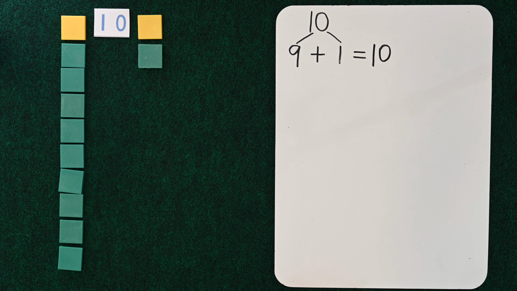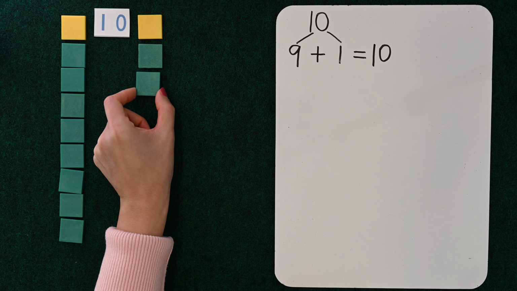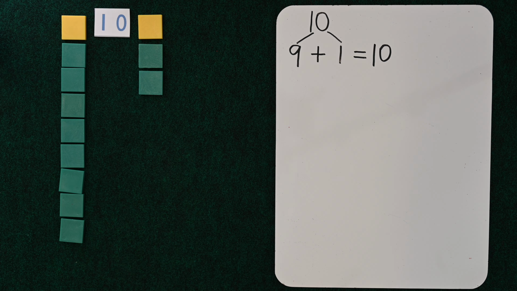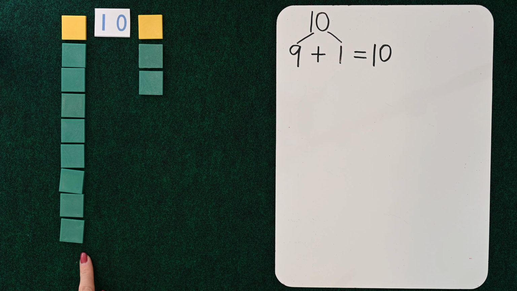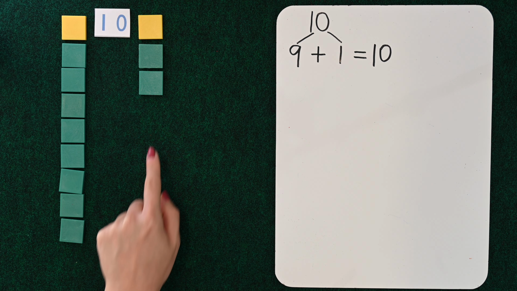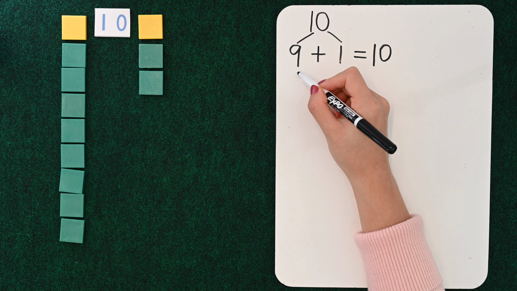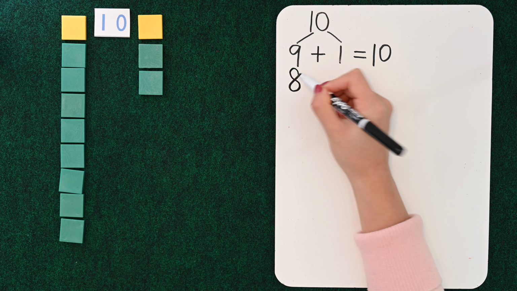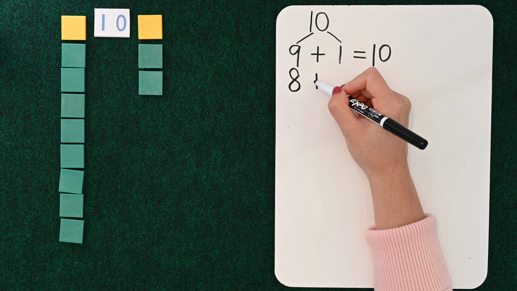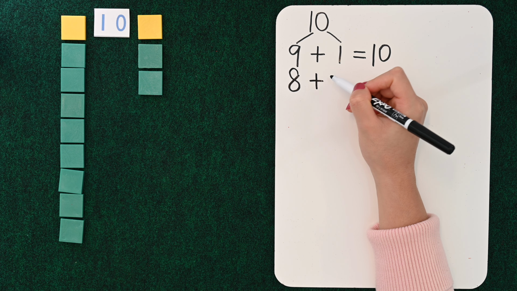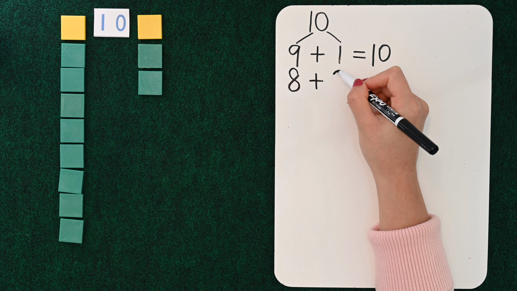Let's move a cookie over, and we now have kid 1 has 8 cookies. Kid 2 has 2 cookies. Let's write down our 10 fact of 8 cookies for kid 1 plus 2 cookies for kid 2.